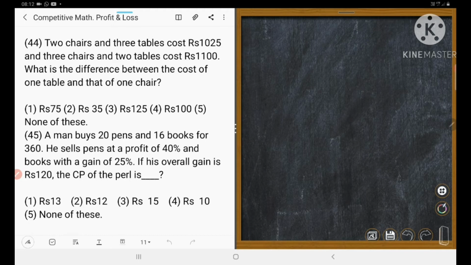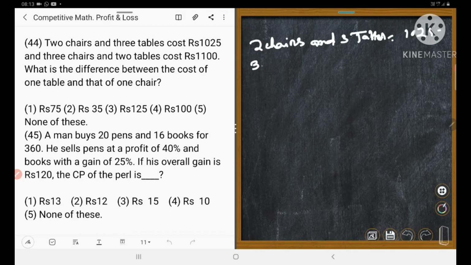So what did I say? 2 chairs plus 3 tables is equal to 1025, right?